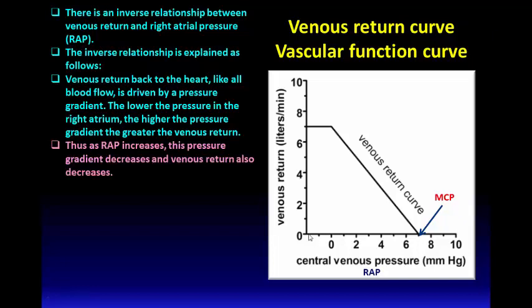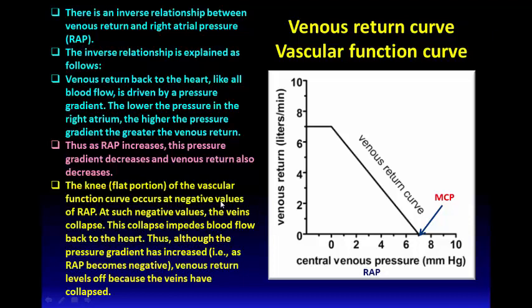Thus, as the right atrial pressure increases and has values closer and closer to the mean circulatory pressure, the pressure gradient which drives the venous return decreases and the venous return also decreases.